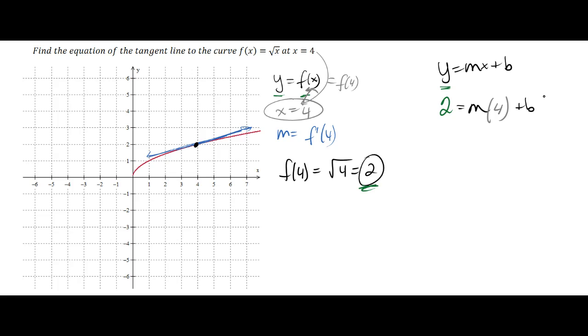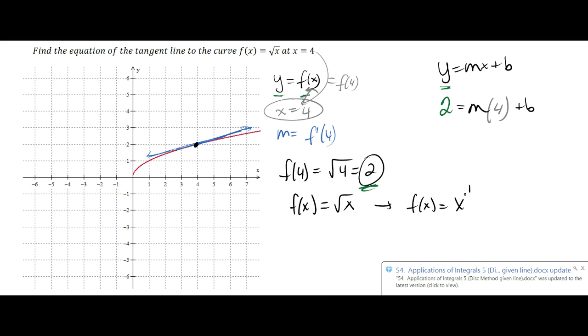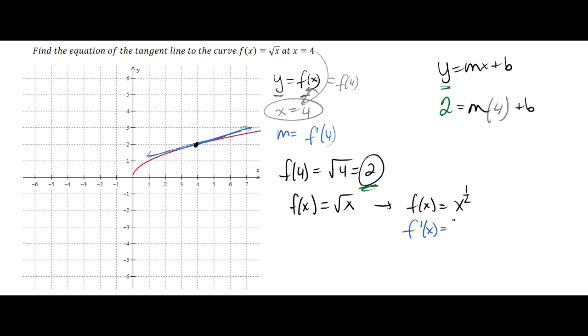So to find the m, we're going to go ahead and do the f prime of 4. So we have f of x is the square root of x, which I'm going to go ahead and rewrite as f of x is equal to x to the 1/2, just to make it easier to derive. So x to the 1/2 here, so we're going to again use the power rule of the derivative to bring down the 1/2.